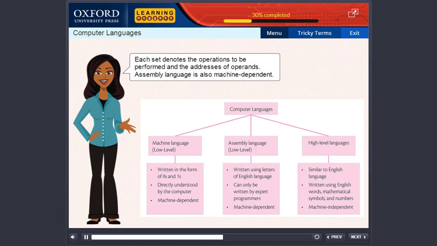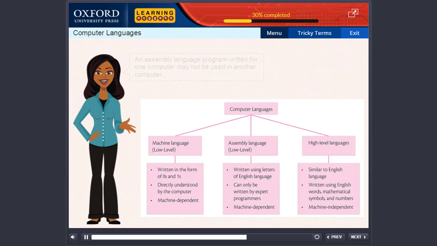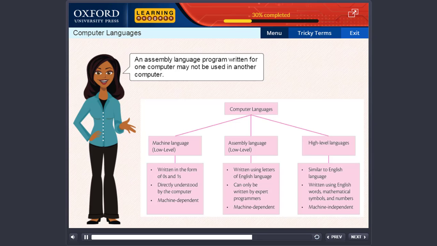Each set denotes the operations to be performed and the addresses of operands. Assembly language is also machine-dependent. The programmer must have detailed knowledge of the structure of the computer for which the program is being written. An assembly language program written for one computer may not be used in another computer.